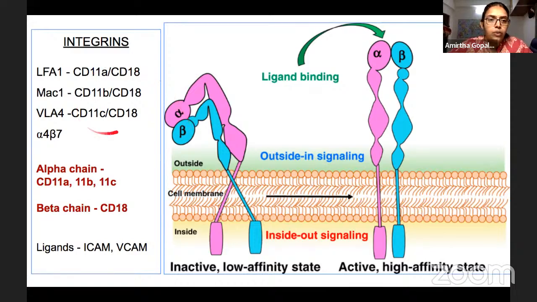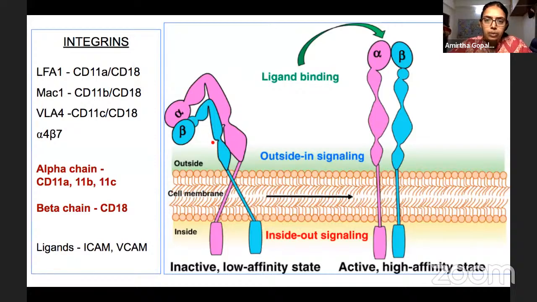Of interest to us in leukocyte adhesion defects are these four on the left side of the slide: LFA1, MAC1, VLA4, alpha 4 beta 4. The alpha subunits of these integrins are labeled CD11A, CD11B, and CD11C respectively, and the beta chains are labeled CD18.